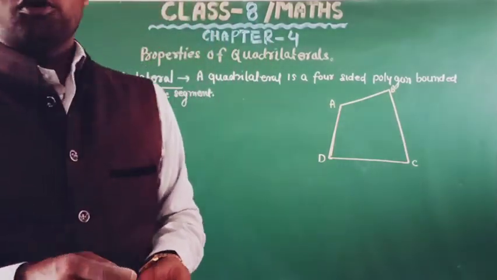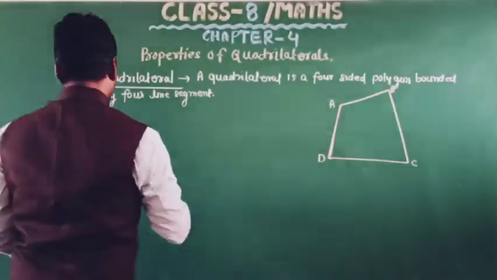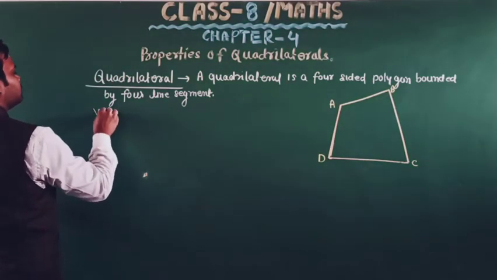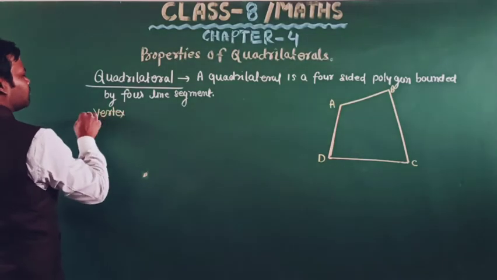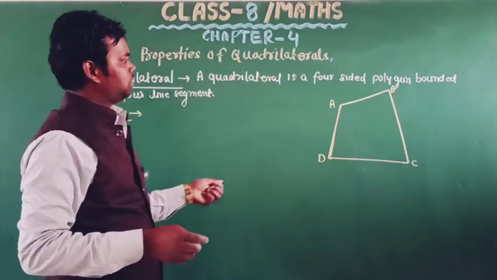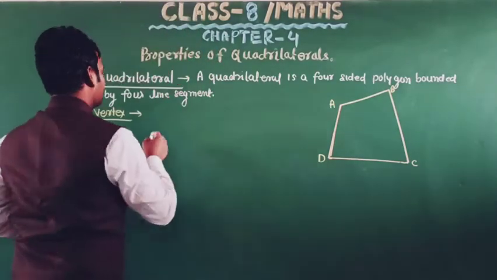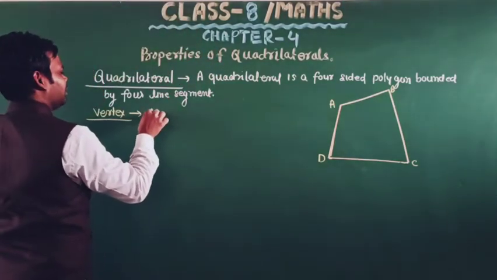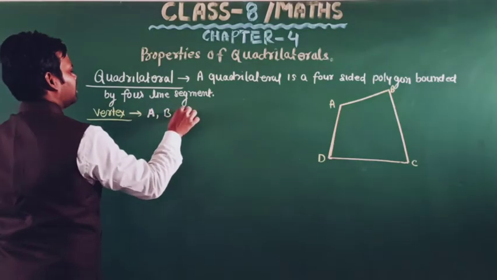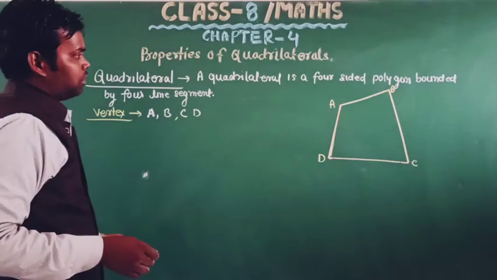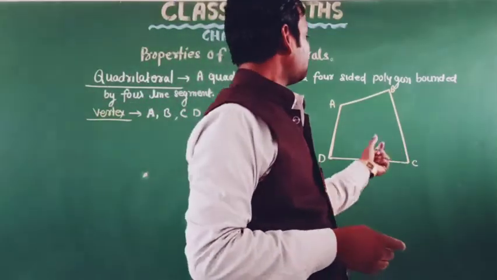So the four points of a quadrilateral are called vertices. Here A, B, C, D are called the vertices of the quadrilateral.